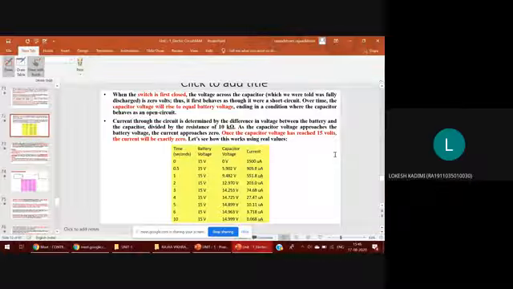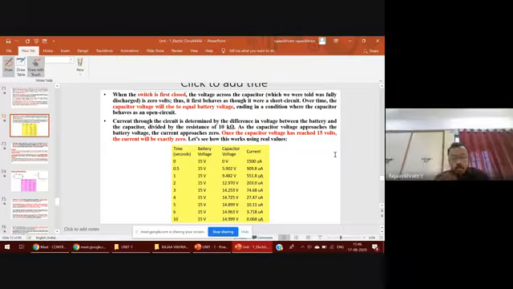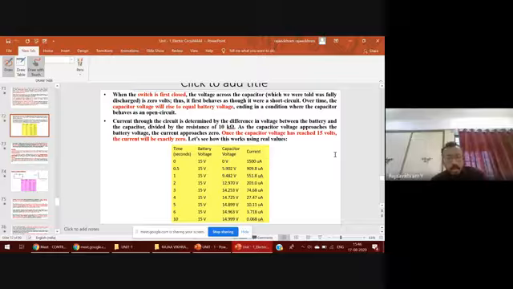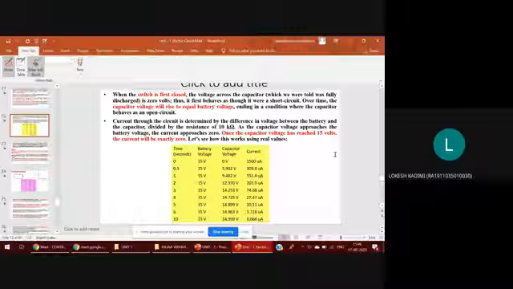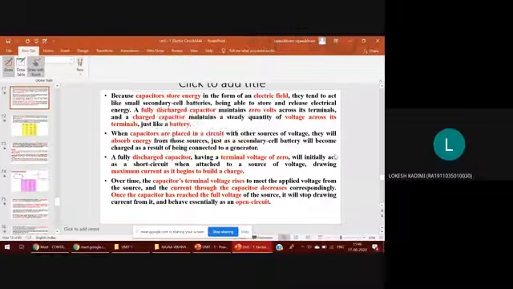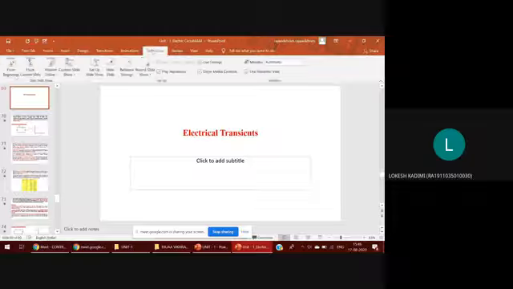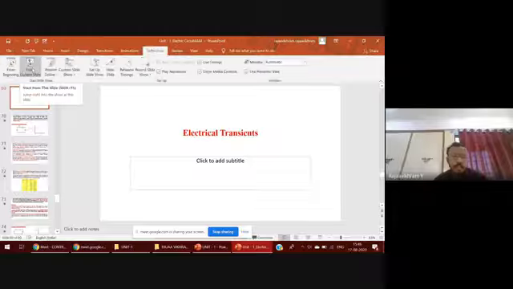It will store and deliver, charging and discharging at a constant rate. Even if the source voltage is less, it will discharge at a constant rate, and charging is also at a constant rate.